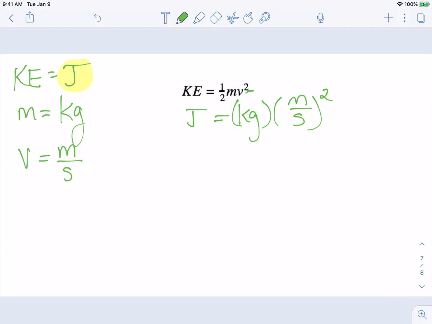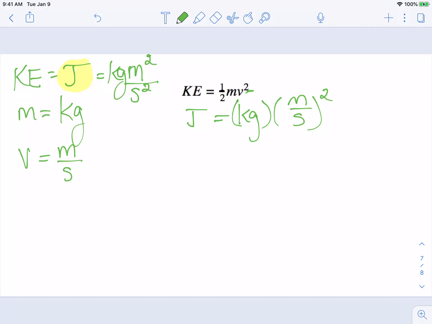And the units that make up a joule are a kilogram times meters squared per second squared. Okay? So I have that a joule is equivalent to a kilogram, I forgot my G there, a kilogram times meter squared per second squared.